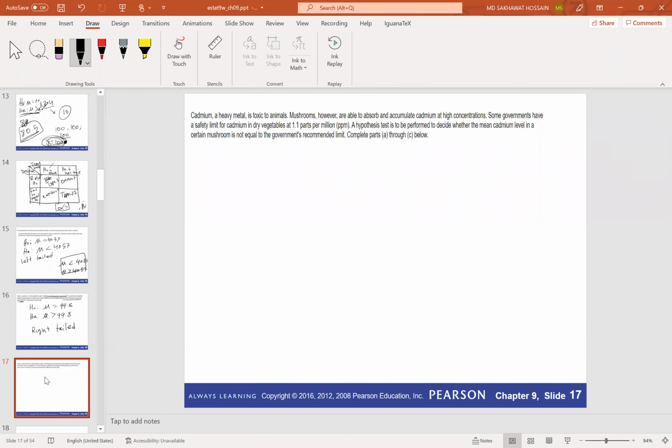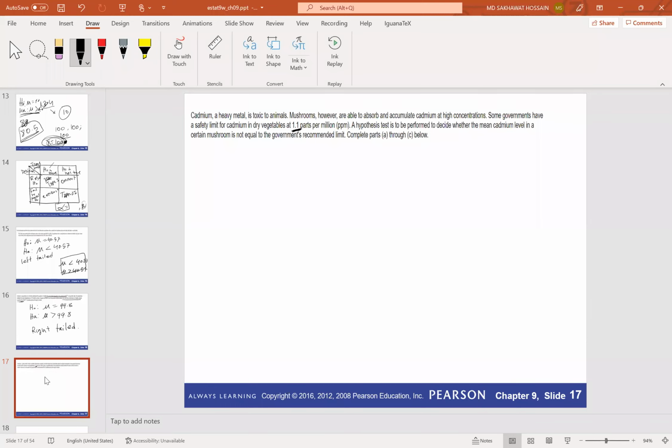Okay, so another example. Cadmium, a heavy metal, is toxic to animals. Mushrooms, however, are able to absorb and accumulate cadmium at high concentrations. Some governments have a safety limit for cadmium in dry vegetables of 1.1 ppm.